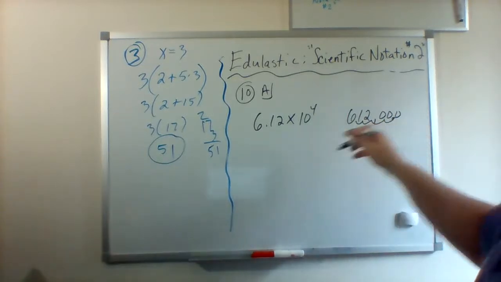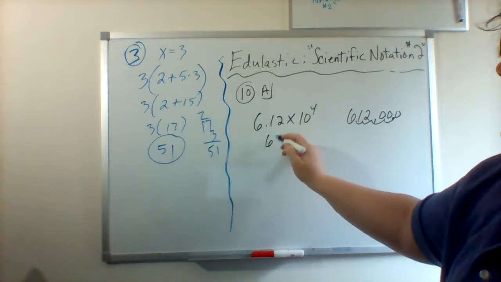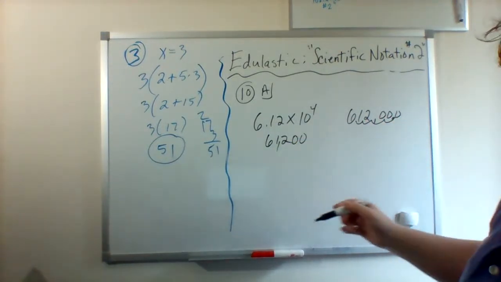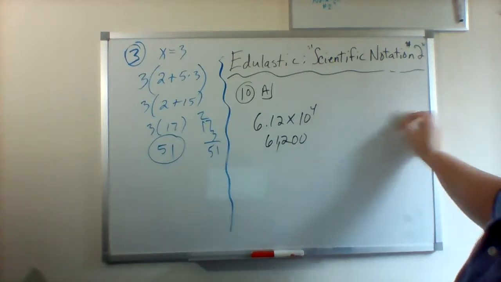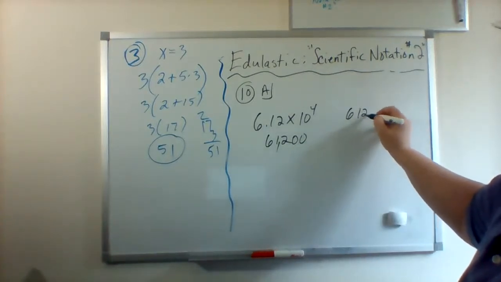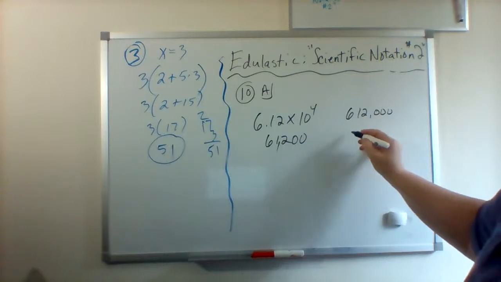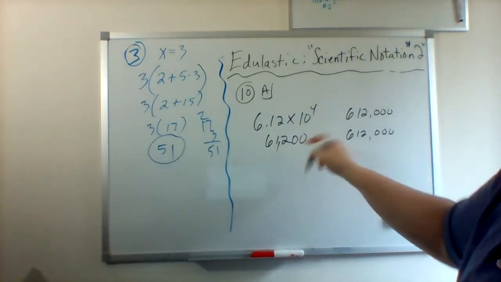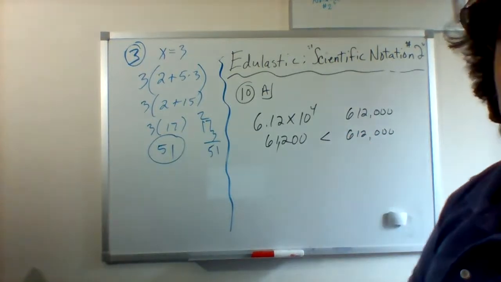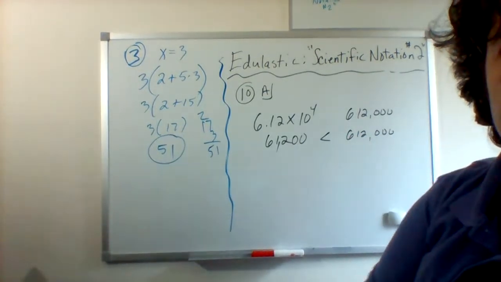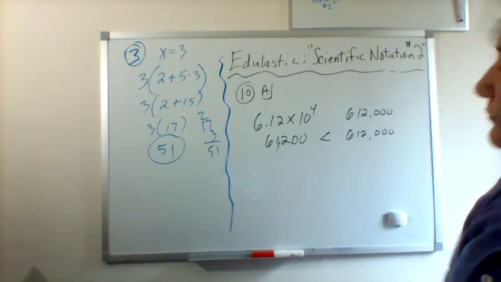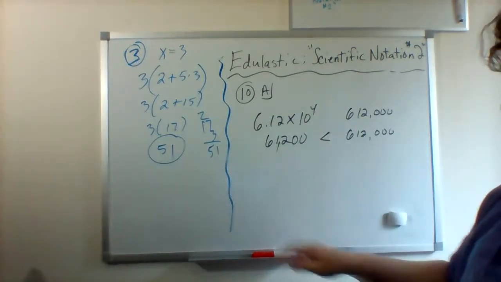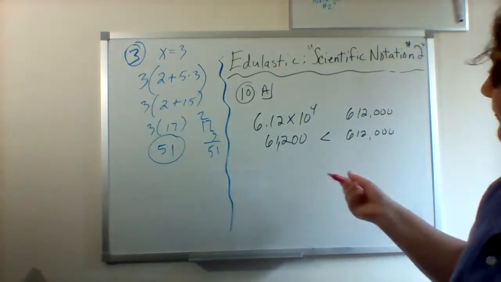Well, that means that this number is actually that number, and this number is still itself. So 61,200 is less than 612,000. Do you see that? Less than. Let's do part B in a different color, I guess.